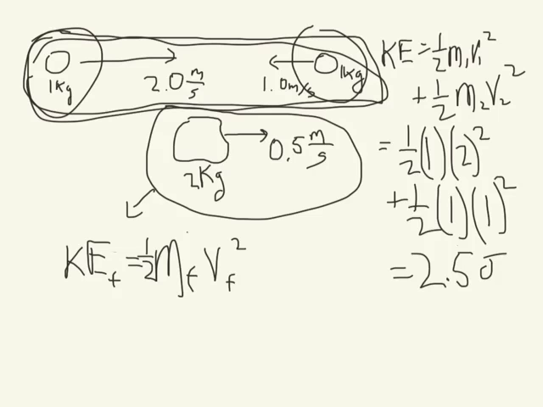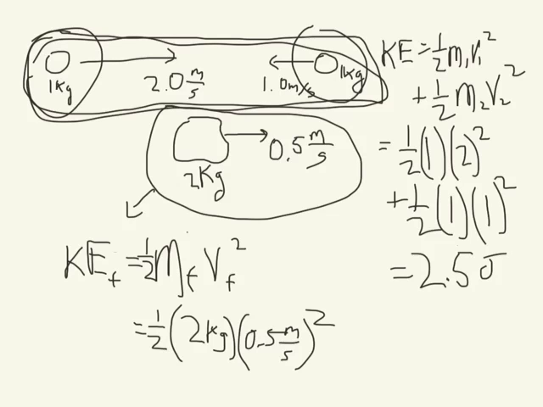So we just have 1/2 mv squared, and the m here for this two-ball clump is the sum of both of the balls' masses, and the final velocity was 0.5, and we have to square that. And that ends up being a very low number of joules, because the speed of both the balls has been dramatically reduced.